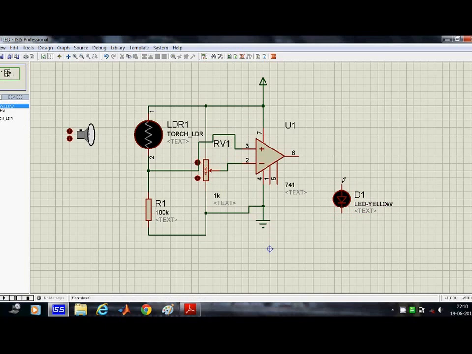A resistance would have been required if we were not simulating it and using it in the real world, but as this is a simulation, we don't worry about the LED blowing off. We can directly use it here. Now everything has been set, and let's simulate it.